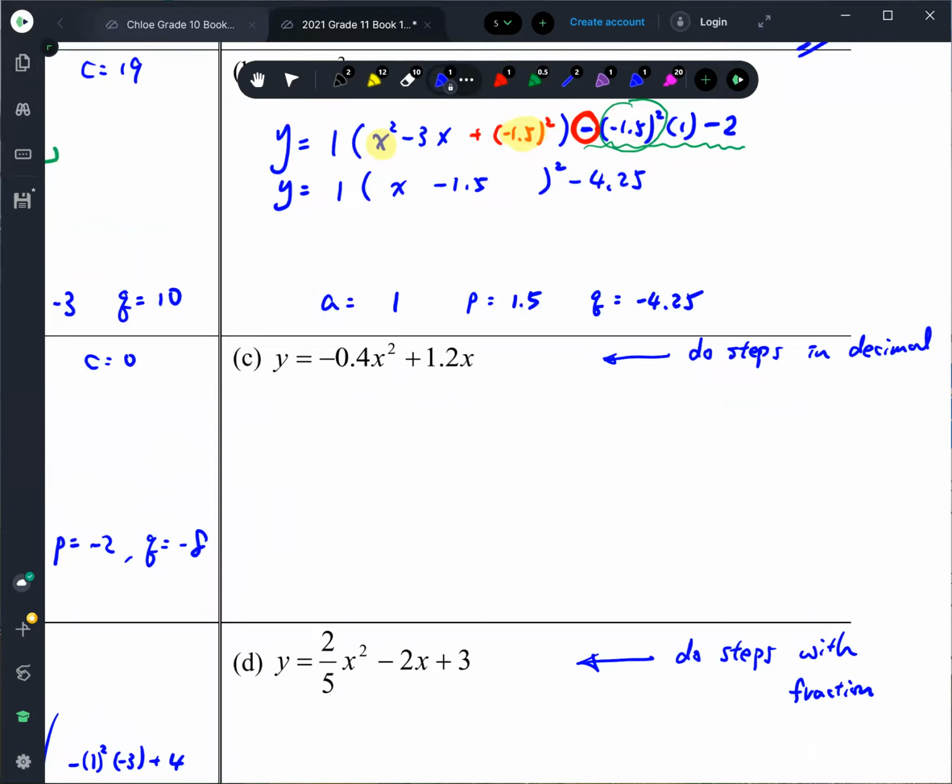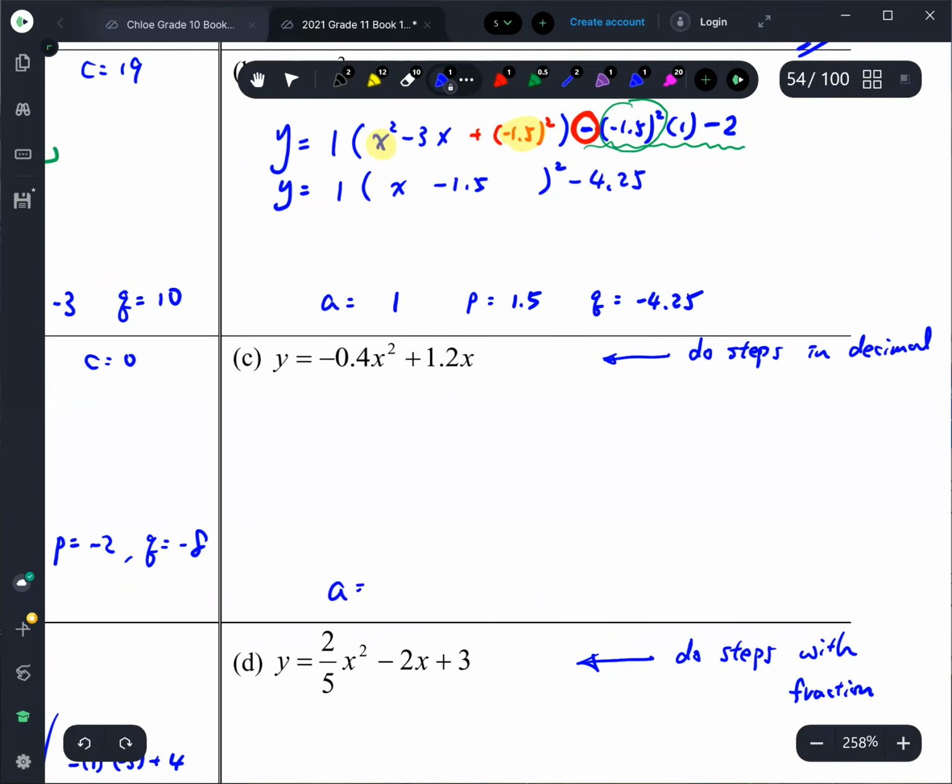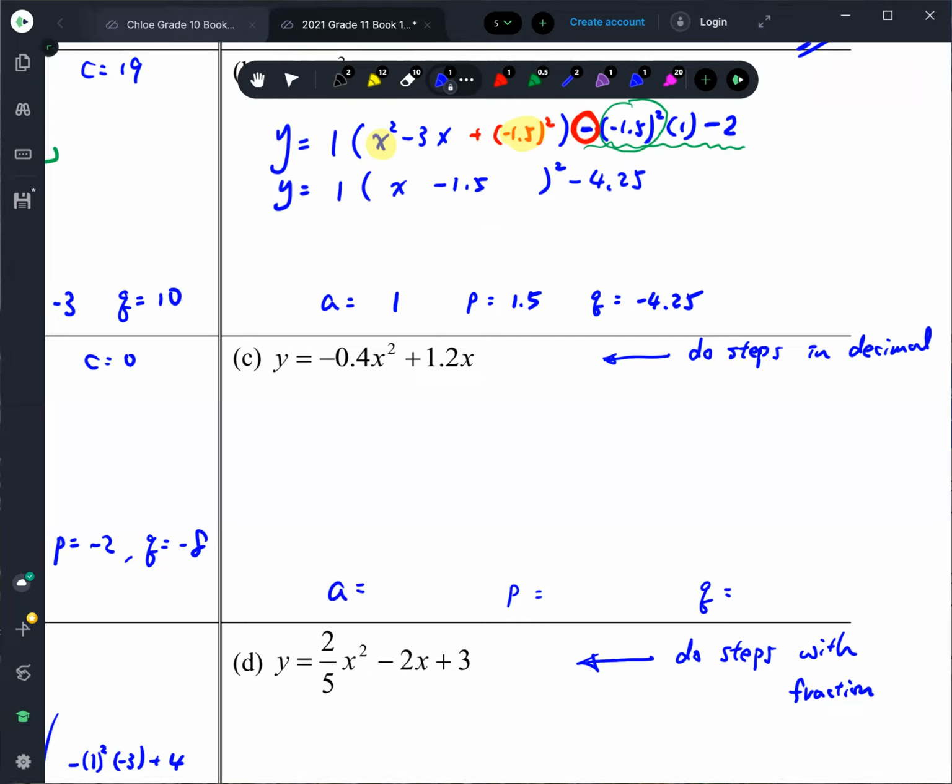All right, so please finish question C as well. Raise your hand once you have the answer for A, P, Q. Leave your answer in decimals for this one.